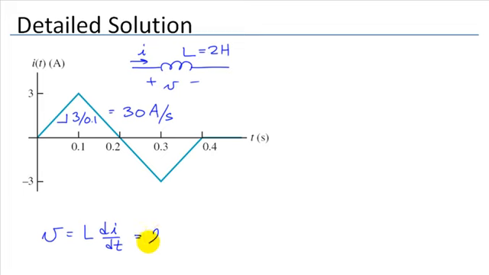Now that tells us that during this first interval we have 2 times 30 amps per second, or 60 volts. During this interval, the slope is, we could say, it has a rise of -3 amps divided by a run of 0.1 seconds again.